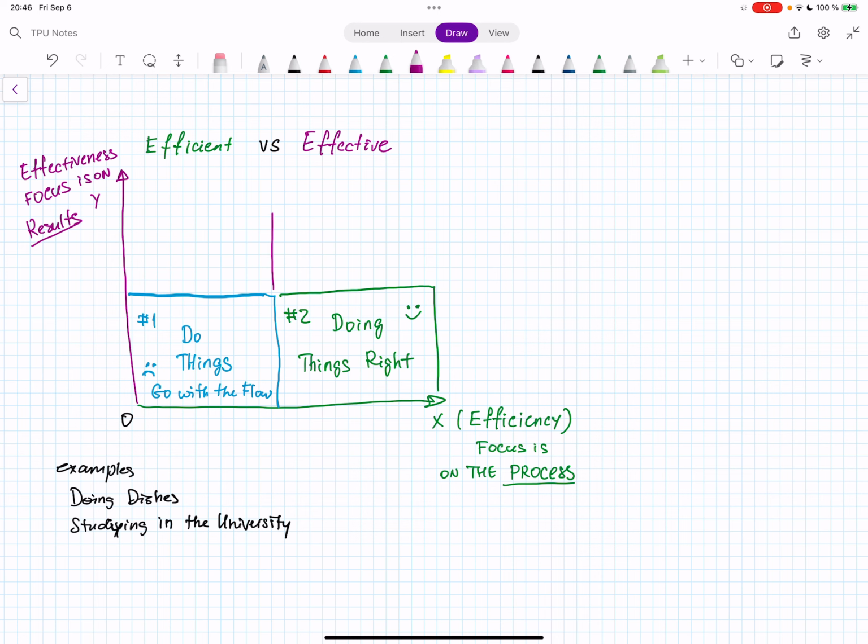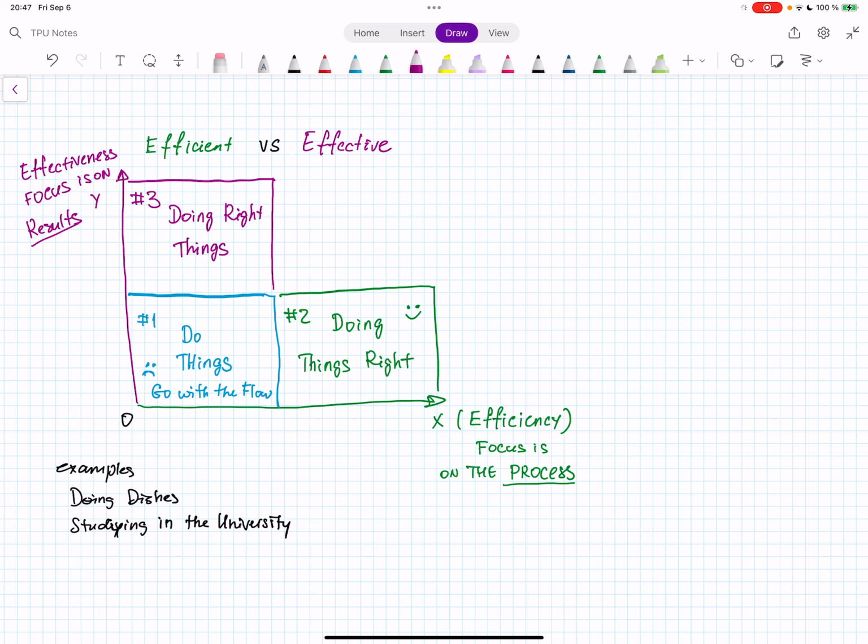Now, well, logically, we can go to another group of people, number 3. So these are the people who care more about the results. They like doing right things.